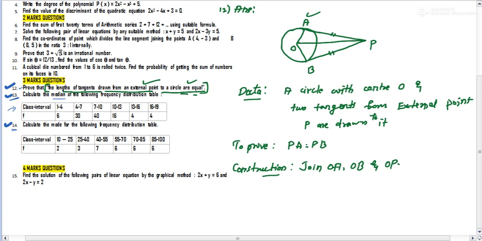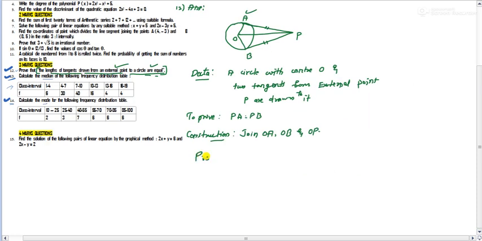Now comes the final and most important part, the proof. This proof we are going to do using the concept of congruence of triangles. You might have studied that in 9th standard. If not, just see over here, you will learn it. So here there are two triangles. If you look properly, it is triangle AOP, and the second triangle is BOP, the lower one.